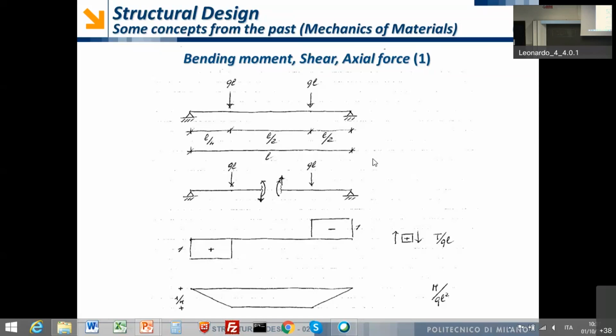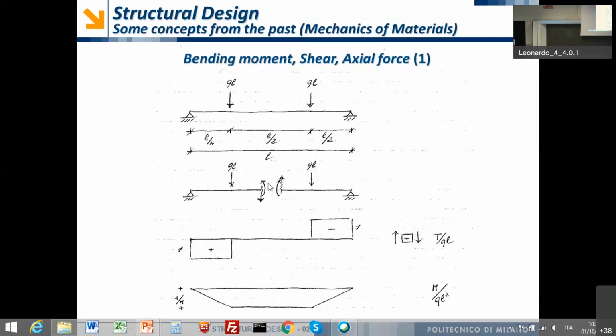We have already recalled that these quantities are defined as those that maintain the two parts of a beam in equilibrium after an ideal cut. We have already commented about this.